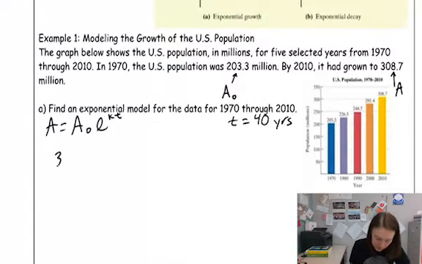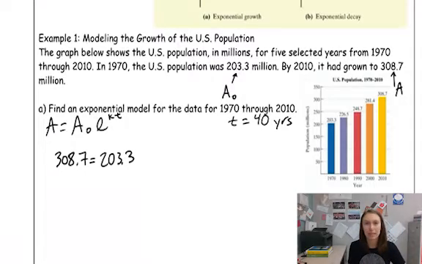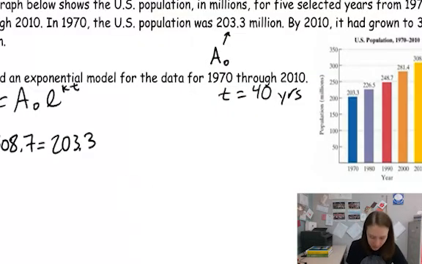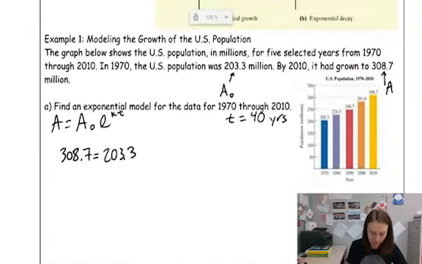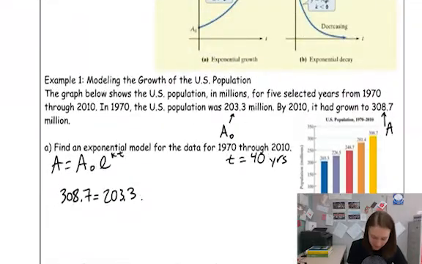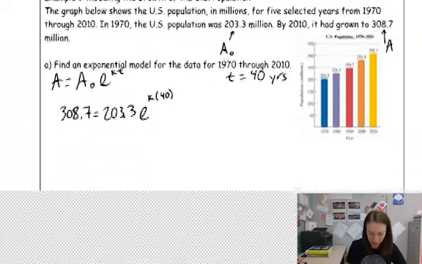So if I plug those things in, I have 308.7 equals 203.3. And now these are in millions. I just had to remember that. As long as they're both in millions, you've got equal units, you're fine. You can't do it if only one of the values is in millions and the other one's not. And then e to the k times 40 up in the exponent.